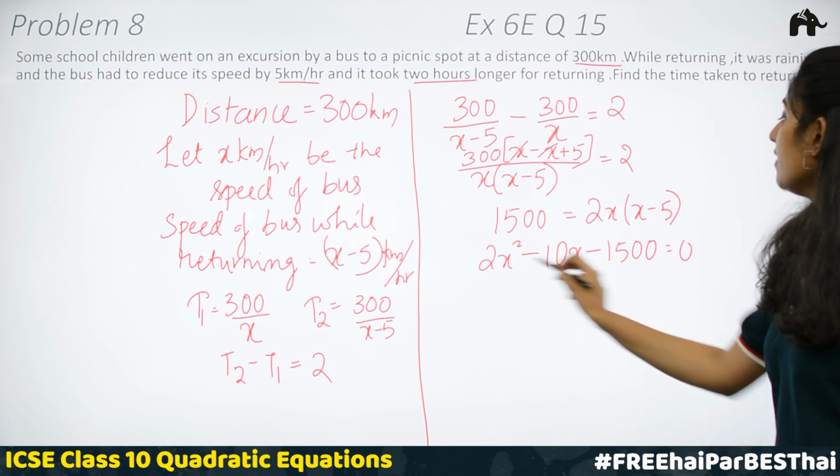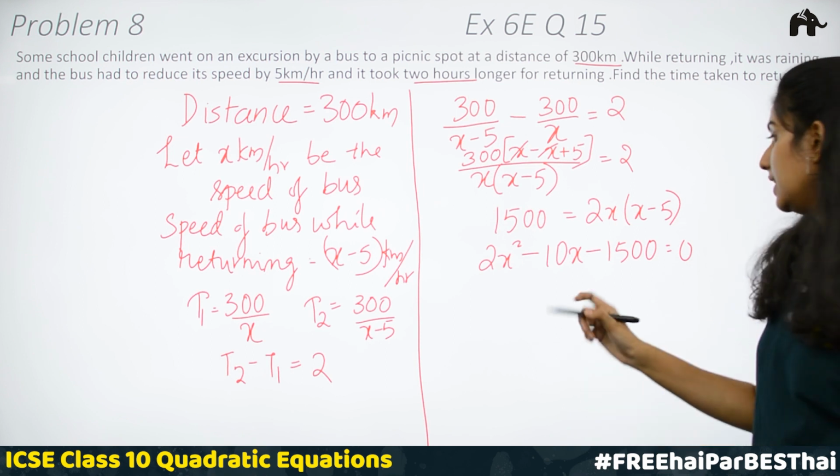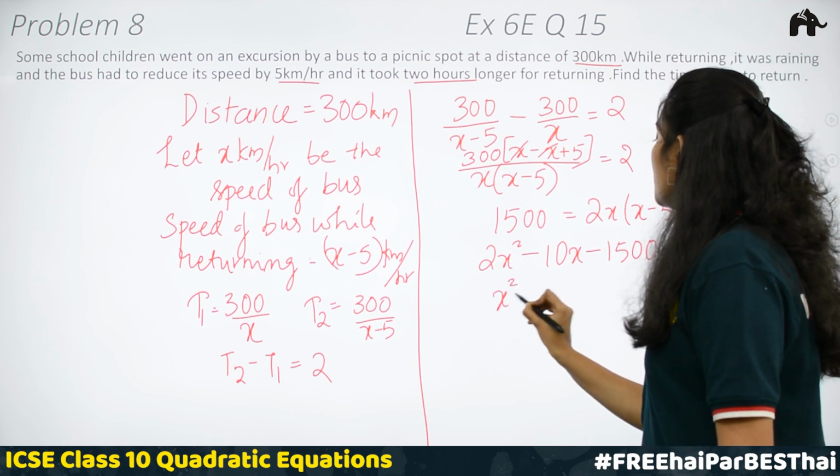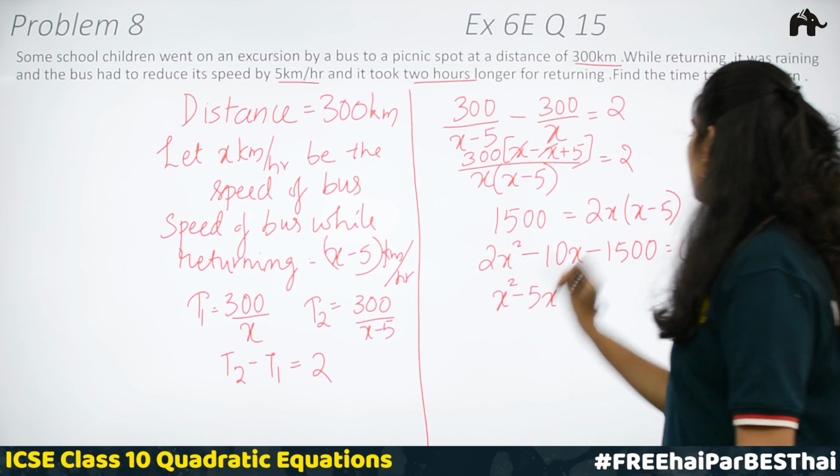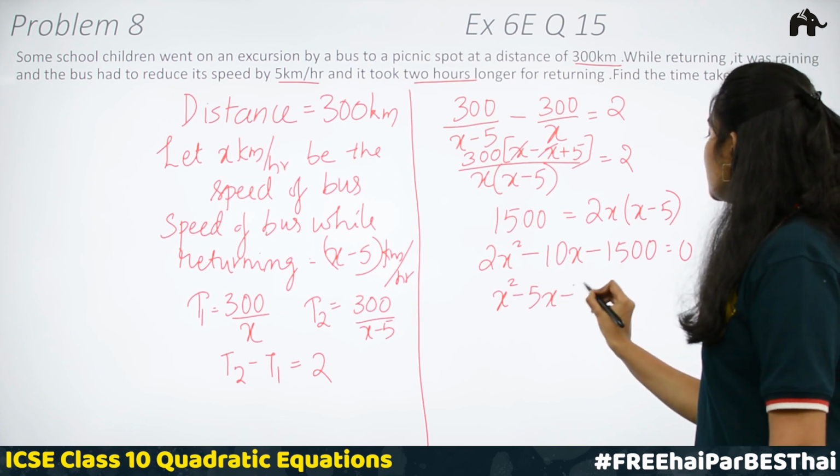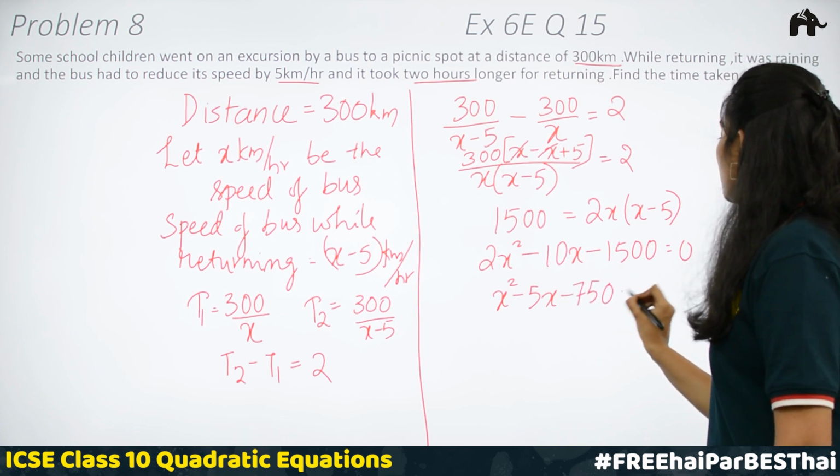Okay. Dividing throughout by 2, we get x square minus 5x minus 750 is equal to 0.